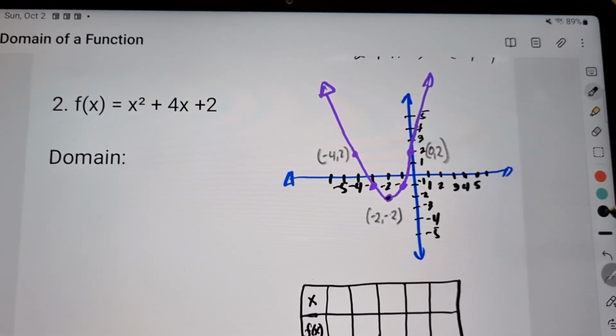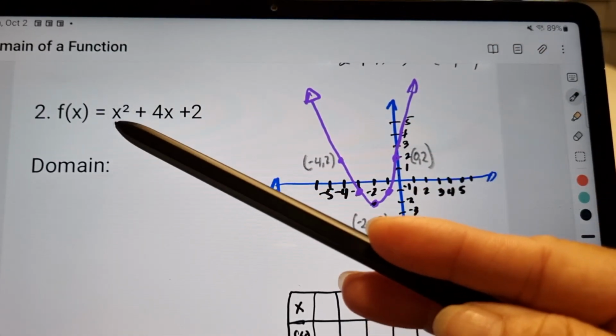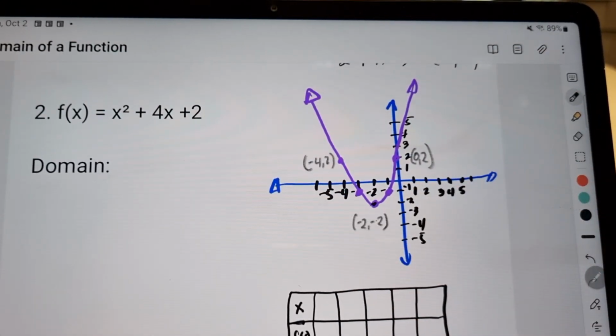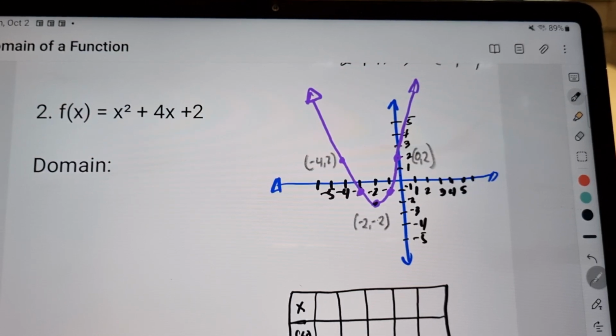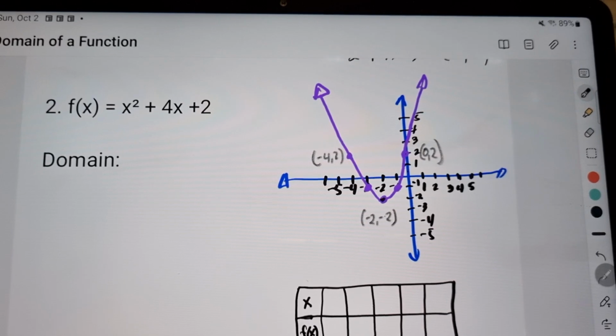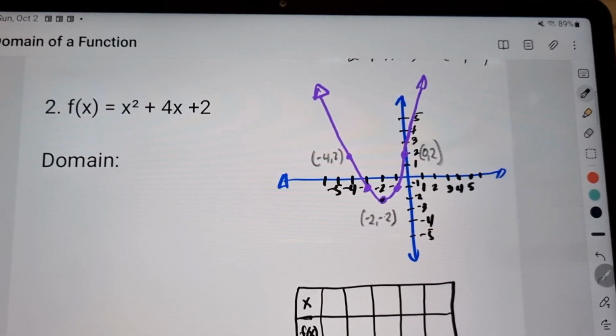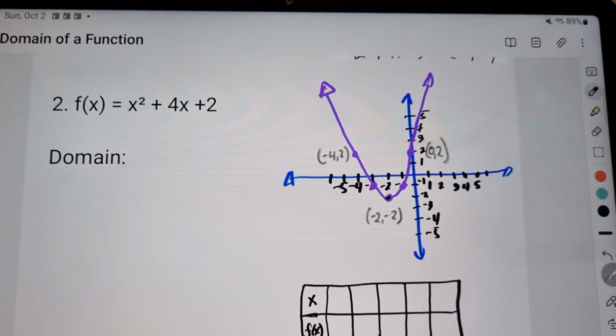This time, it opens upward dahil positive ang a natin dito. So dito, madali lang kung marunong ka na sa graphing. In case na nahirapan ka, mayroon akong videos about how to graph linear, quadratic function, or quadratic equation.